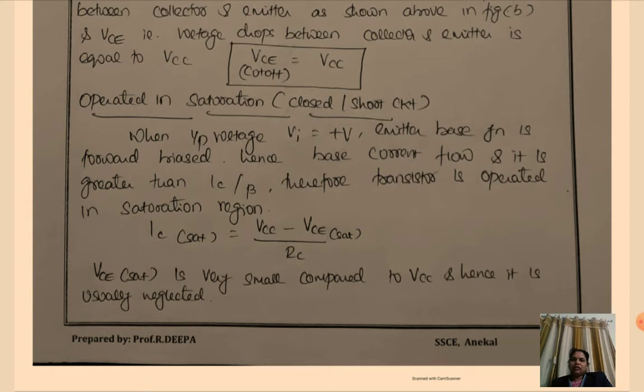As we know, when there is maximum flow of collector current, VCE will be very small, around 0.2 volt, and hence it can be neglected. Thereby you get the collector current at saturation region equal to VCC divided by RC.